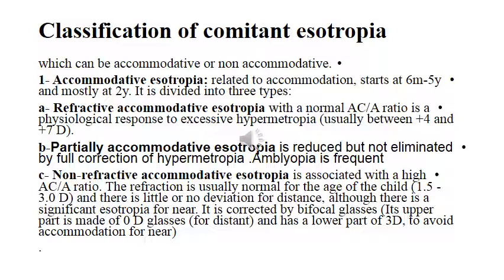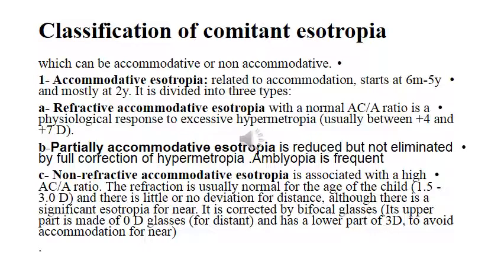In this type, the child might have amblyopia, and we need surgery in addition to glasses to correct the esotropia. Surgery will correct the remaining esotropia when the child wears the glasses. So we need glasses, and the remaining esotropia with the glasses is corrected with surgery.